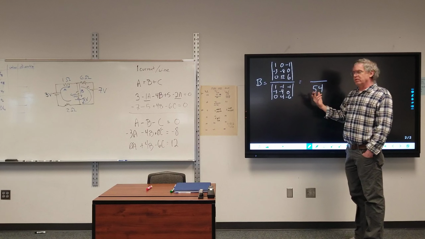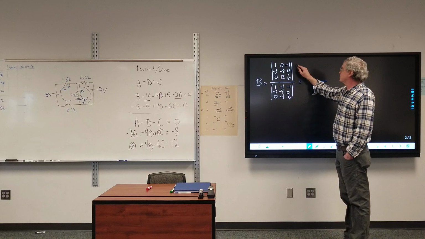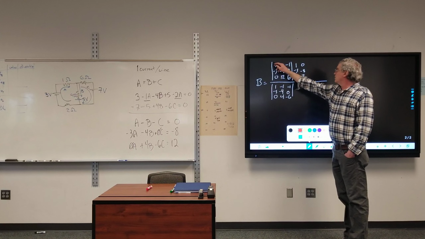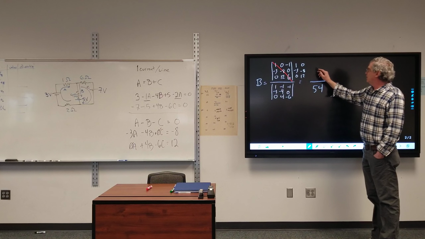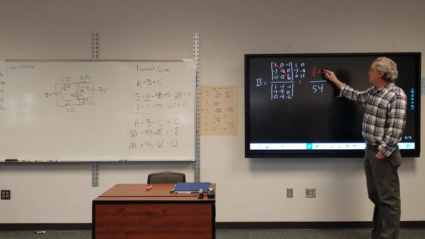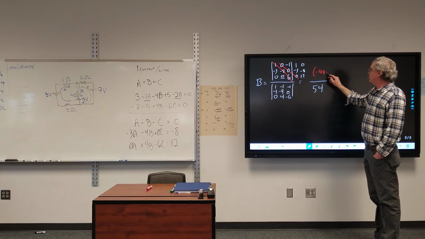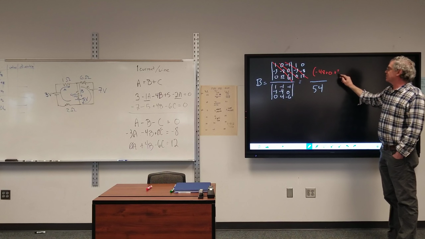What I'm going to do is rewrite the first two columns again. 3, 0, 0. So I multiply that diagonal. -48. That diagonal plus 0. That diagonal plus 36.